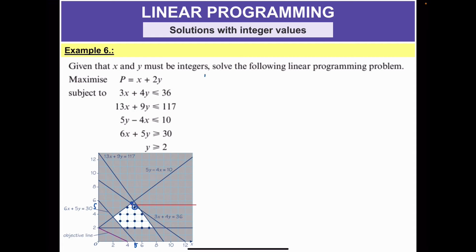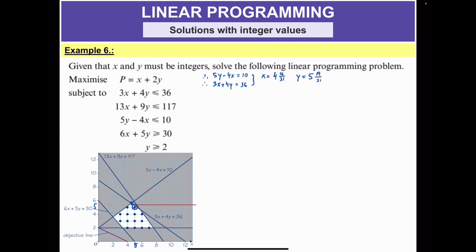So first, find the intersection of the line 5y minus 4x equals 10, and the second one, 3x plus 4y equals 36. If you solve it, then the solution you're going to get is x equals 4 and 16 over 31, and y equals 5 and 19 over 31.